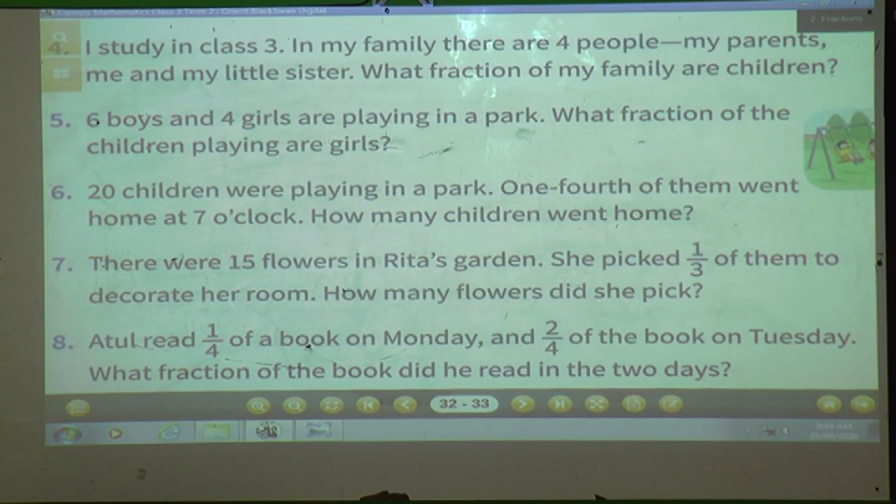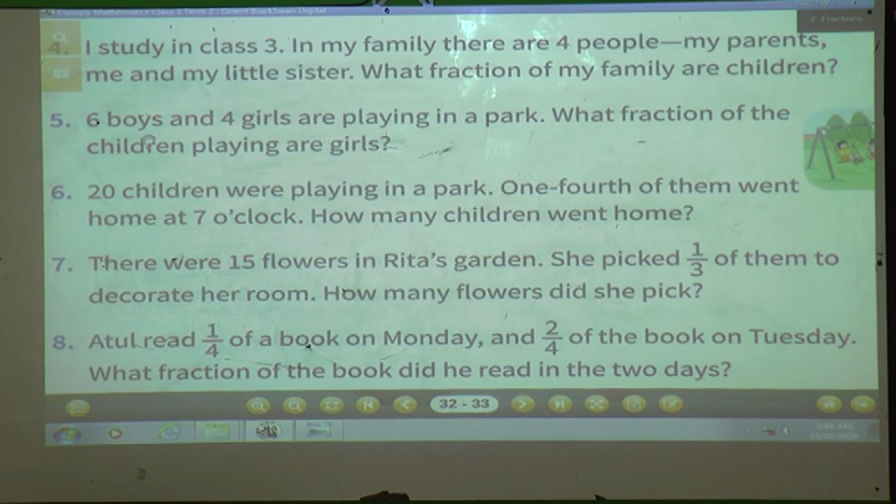What fraction of the children playing are girls? Now here we have to find out the fraction of the girls. For that, first of all, tell me how many children are there?